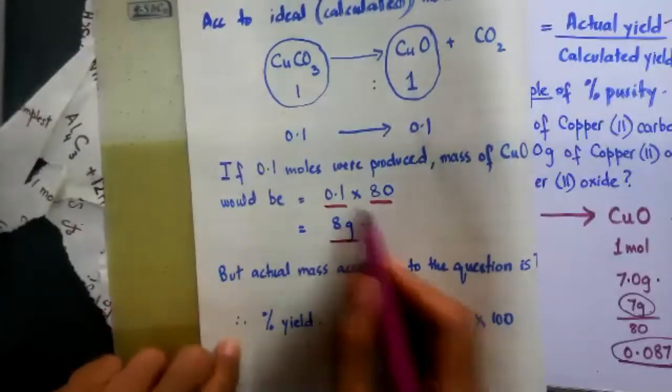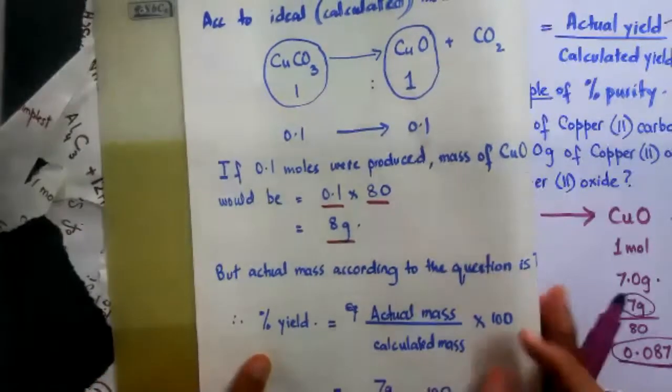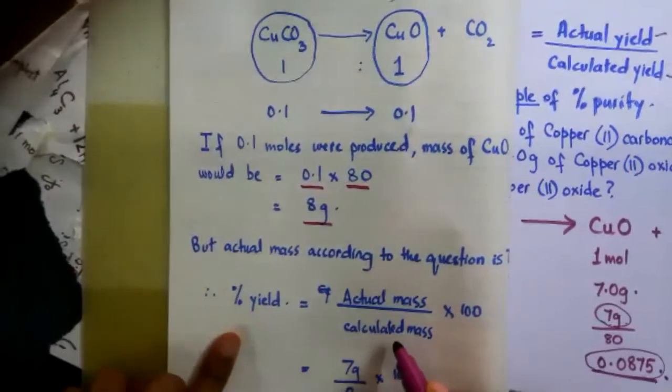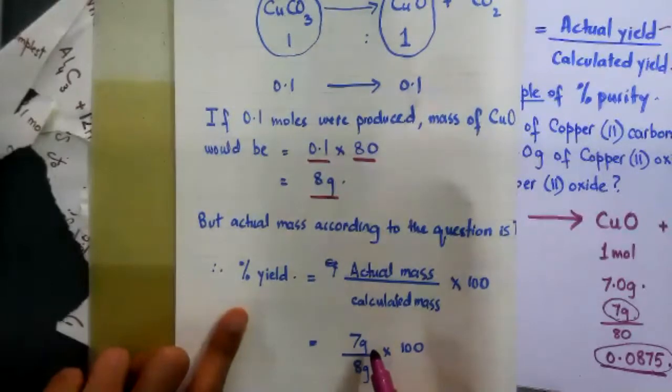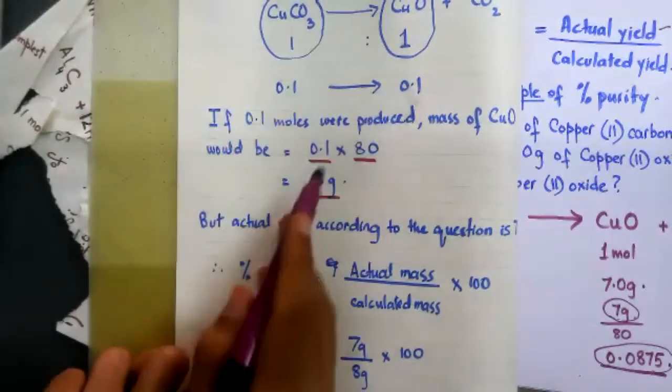So this is the ideal mass. Now plugging in the values in the formula, the percentage yield is actual mass divided by the calculated mass multiplied by 100. The actual mass was 7 grams, which was given in the question. 8 grams is according to the molar ratio, our calculation.